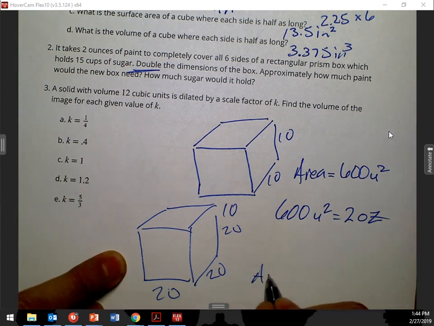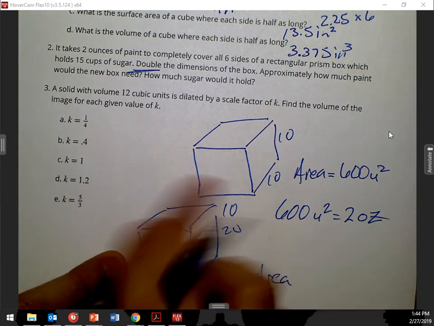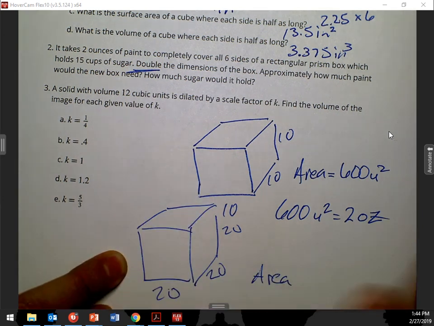Try again. 400? Yep, 400. And how many sides are there? 6. So 400 times 6 is 2,400. And that's going to be my units squared, right?